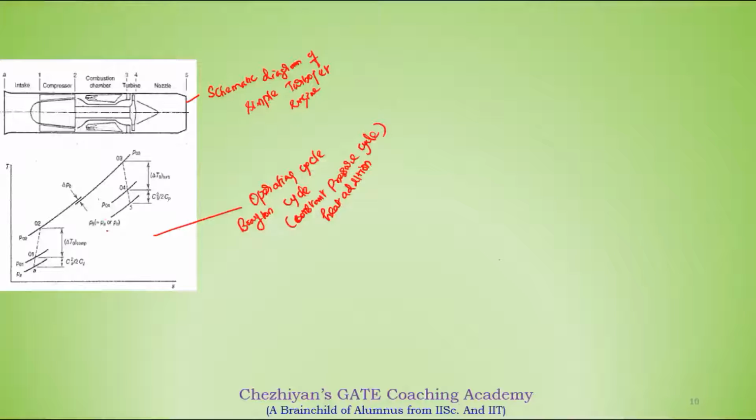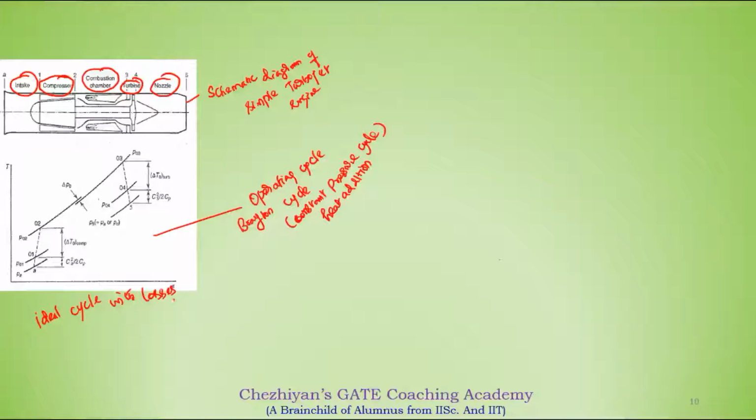If you look at this T-S diagram, it's nothing but the ideal cycle with losses. A to 1 is the intake, 1 to 2 is the compressor, 2 to 3 is the combustion chamber, 3 to 4 is the turbine, and 4 to 5 is the nozzle.